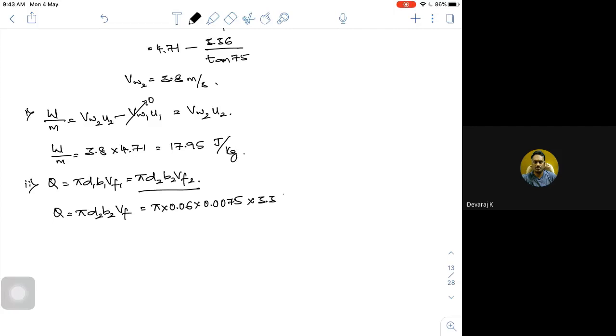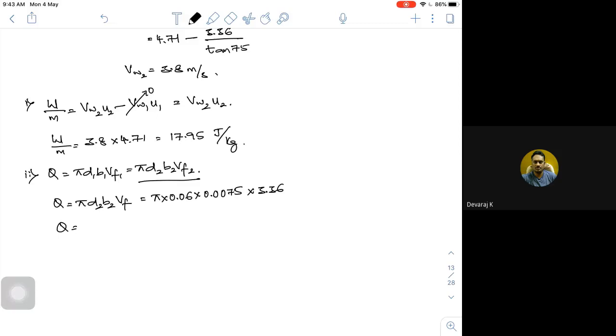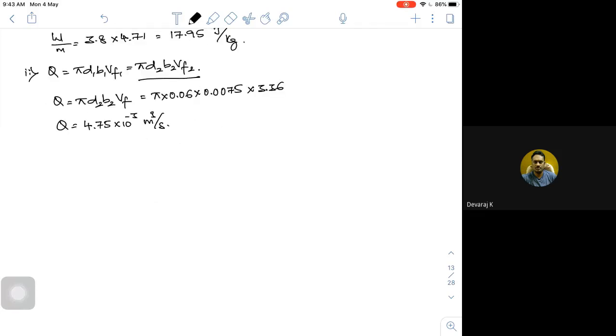So I'll get my discharge if I put it into the calculator. It's a very small pump actually. So I'm getting around 4.75 into 10 to the power of minus 3 meter cube per second. This is my discharge.